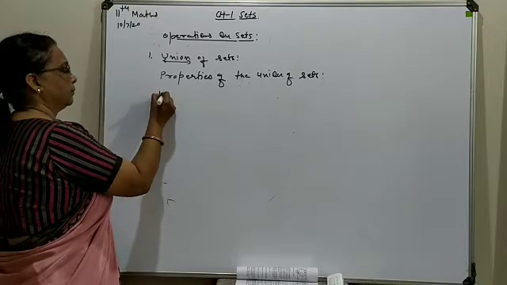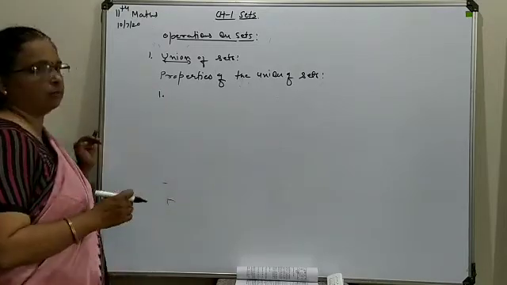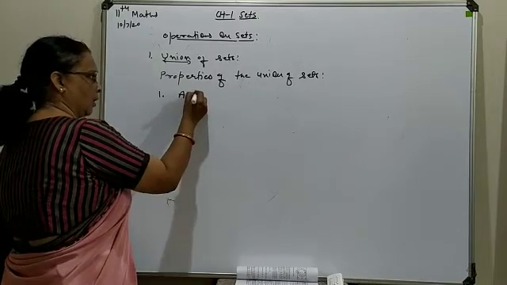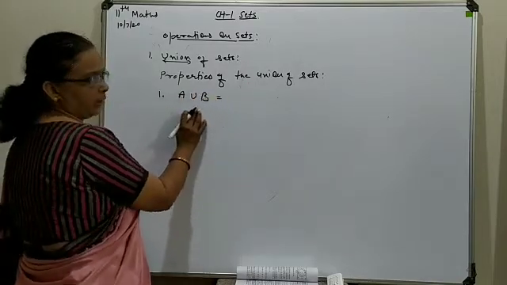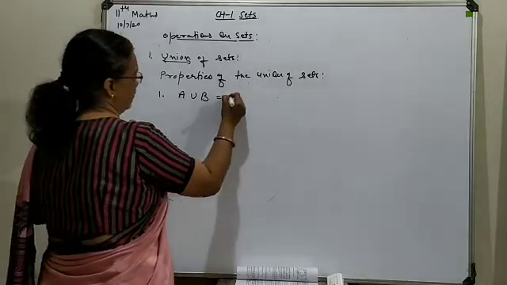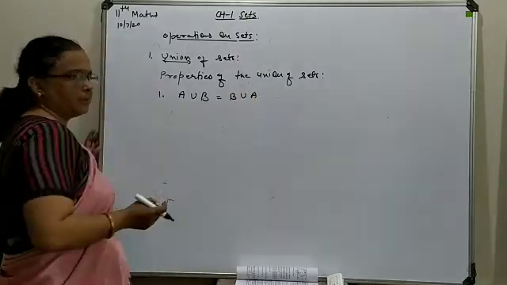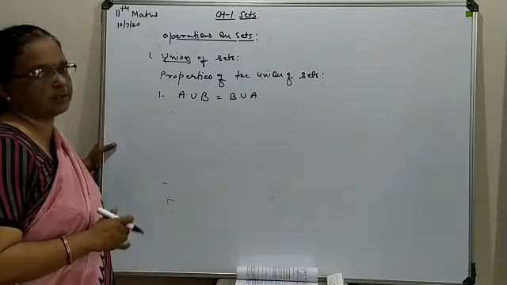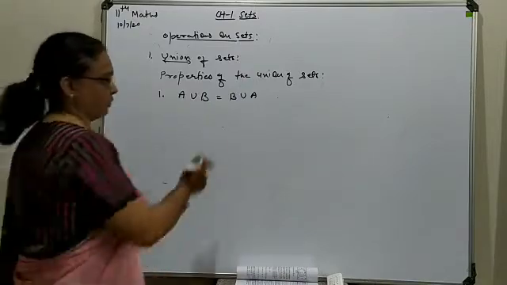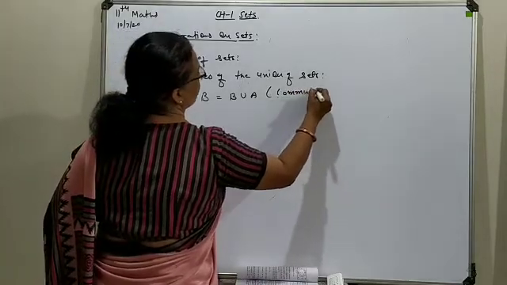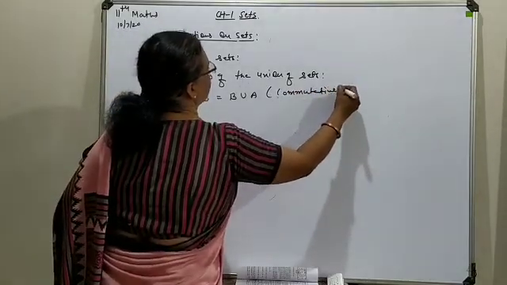First property, commutative law: if you write A union B, it will be the same as B union A. It is called the commutative property, which applies between two sets.